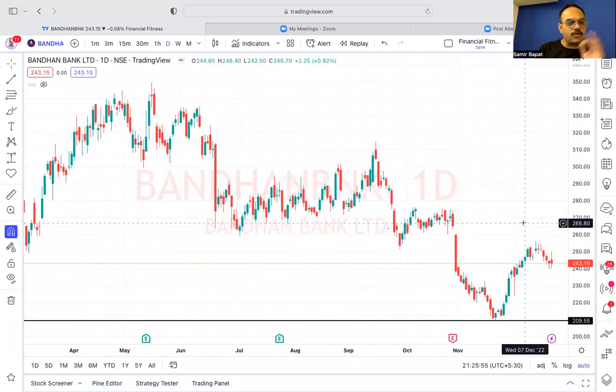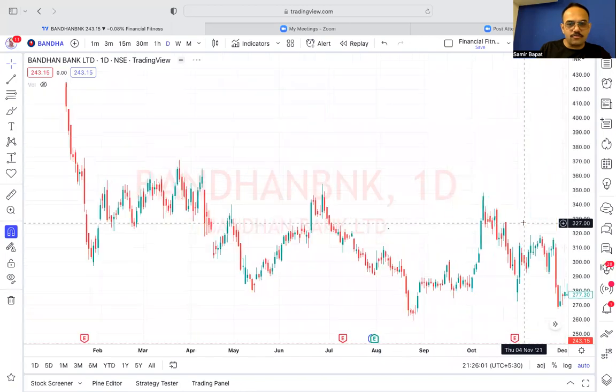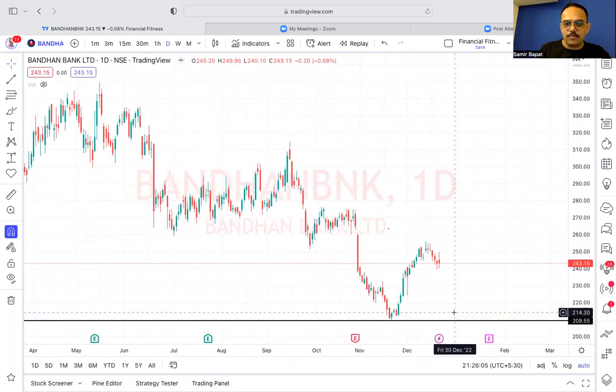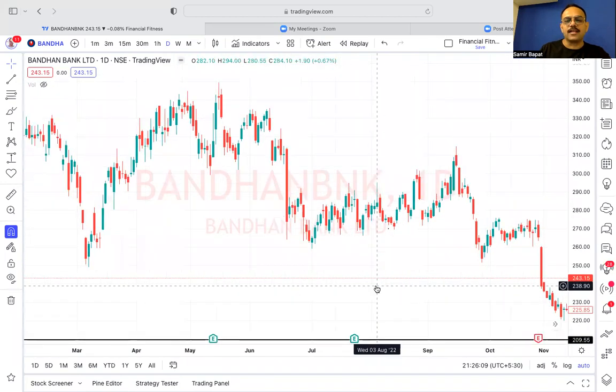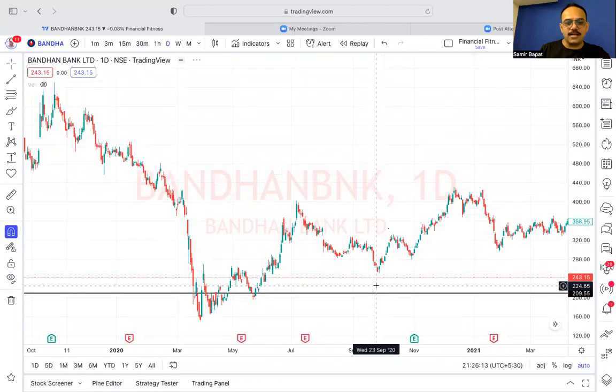Sorry, it is Bandhan Bank. See, Bandhan Bank, I have drawn a line at 209.55 matching where this price reversed. Now let's go back. See, still it has not come.